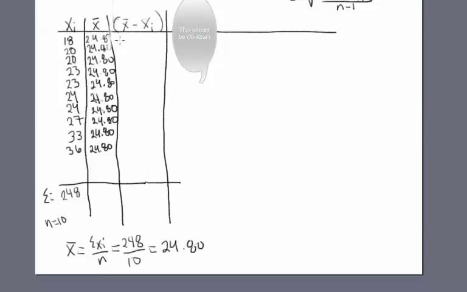So now I'm going to make this third column that's going to represent the quantity x bar minus x sub i. So if I take my 24.80 and I subtract 18, that's going to give me negative 6.80.